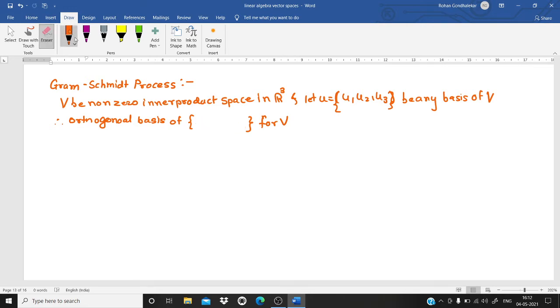I read the statement once again, then you get a clear idea of what exactly is going on. So V is a non-zero inner product space in R3. Let U be the set of vectors U1, U2, U3, be any basis of V.